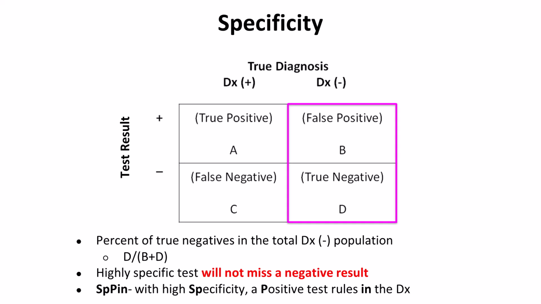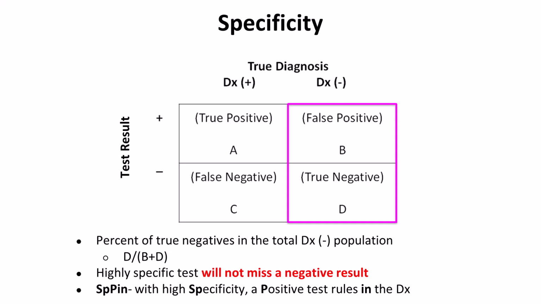Now you should know that, as I've said, a highly specific test will not miss a negative result, but you should also know that with a highly specific test, if you get a positive test and your test has 100% specificity, then that person has the diagnosis because this test won't miss a true negative.